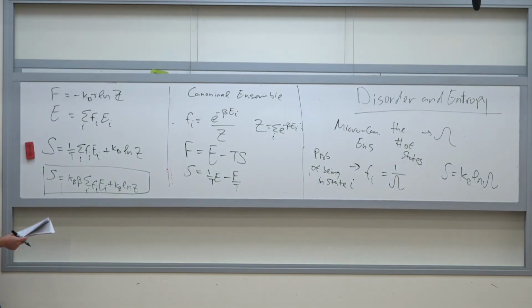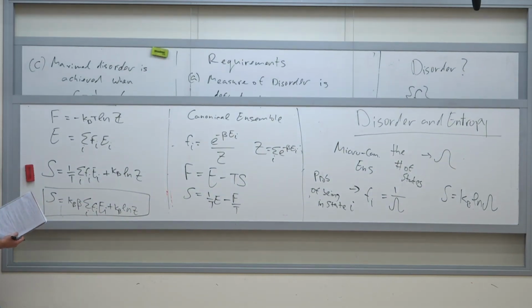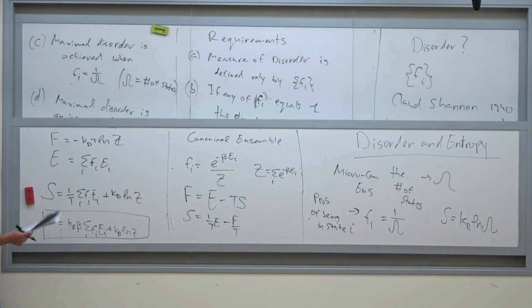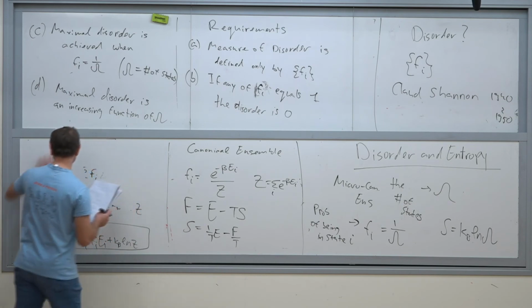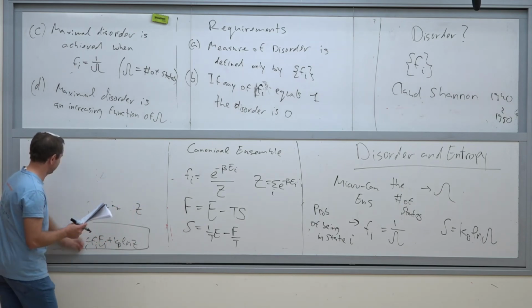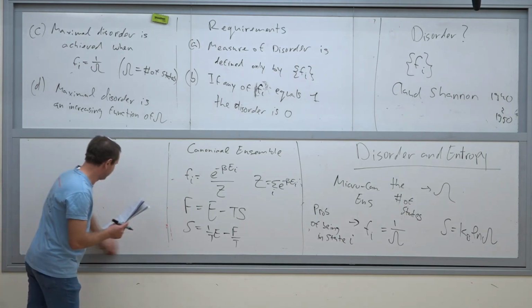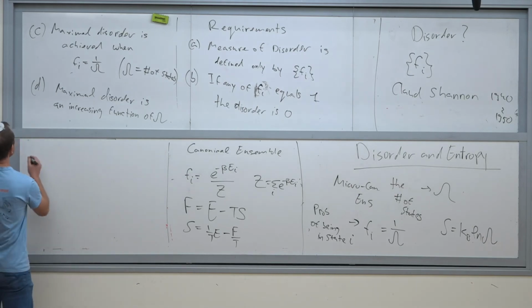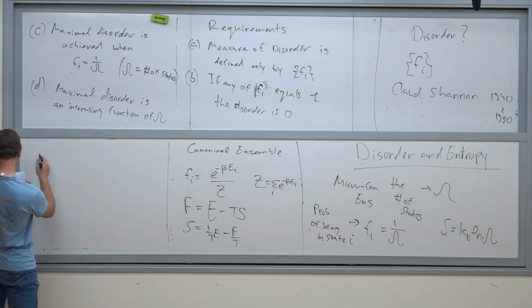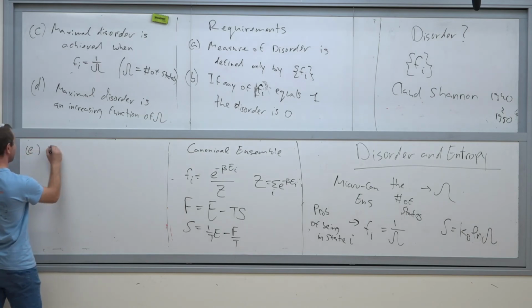The more states you have, your maximal disorder should grow. Now your disorder is a function, right? So A, B, C, D, E. Yeah, this is right. E.